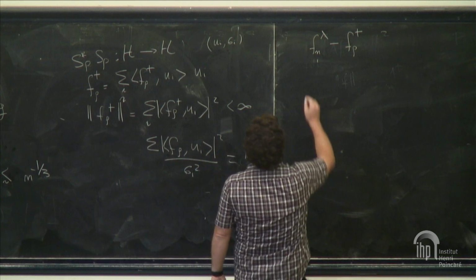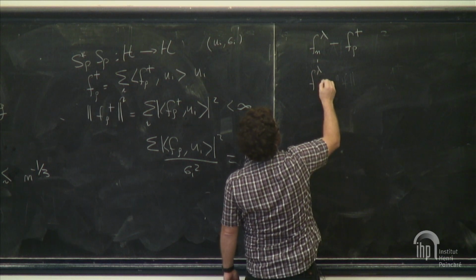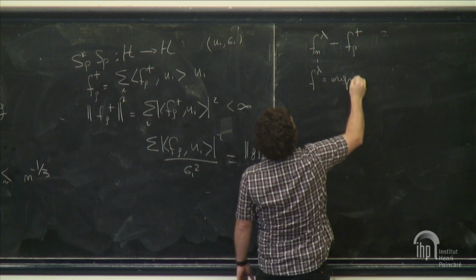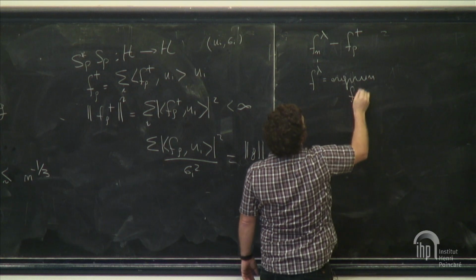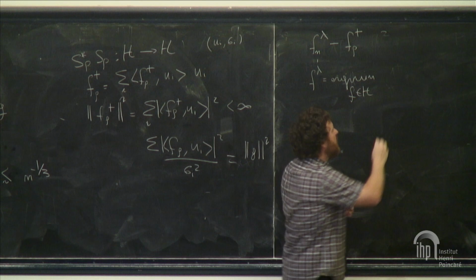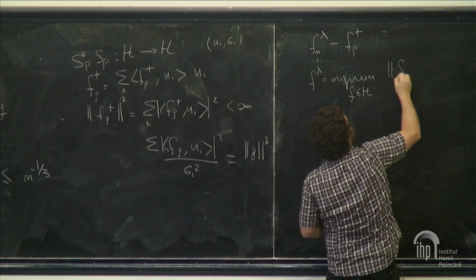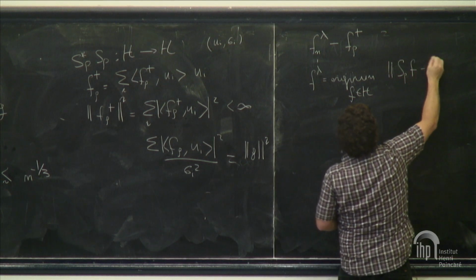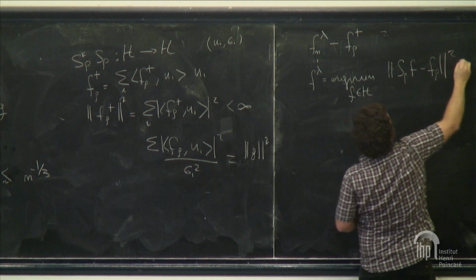So to do this, we have to introduce a function. I call it f lambda, which is the argmin, the so-called population version of the algorithm. It's the continuous version of the algorithm. So I allow myself to have perfect knowledge of the distribution, but I still regularize.